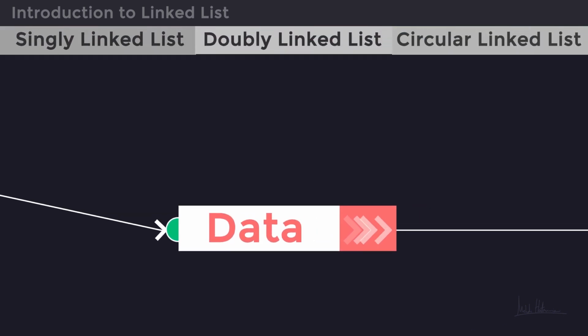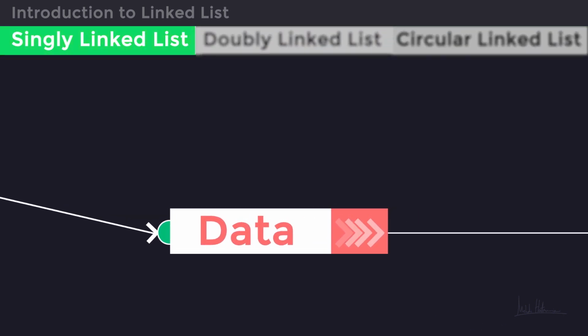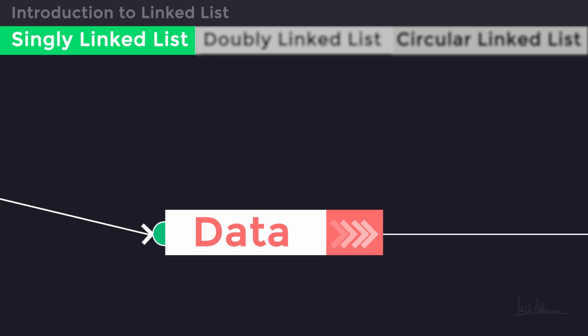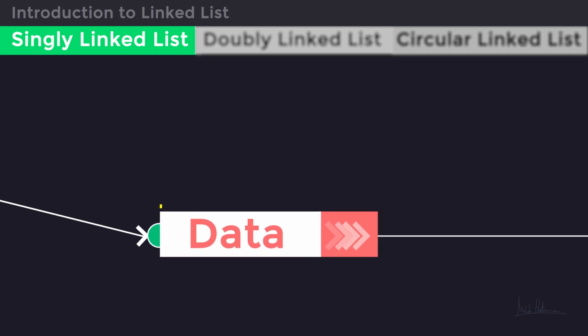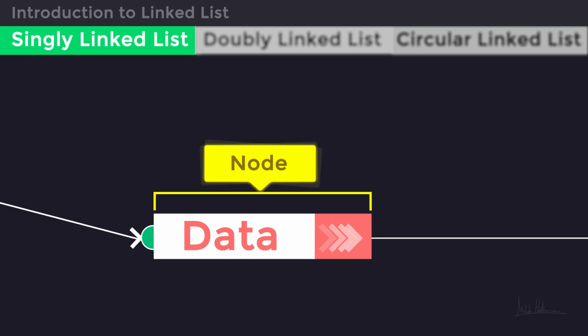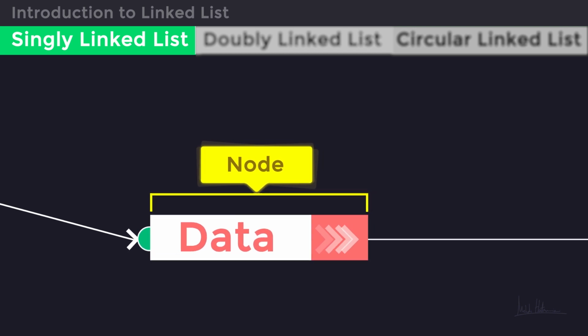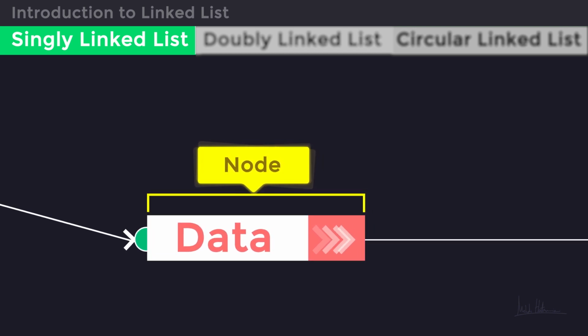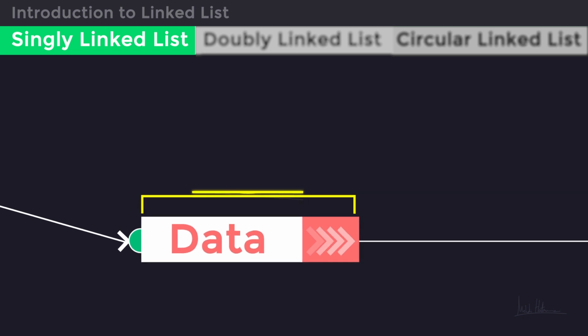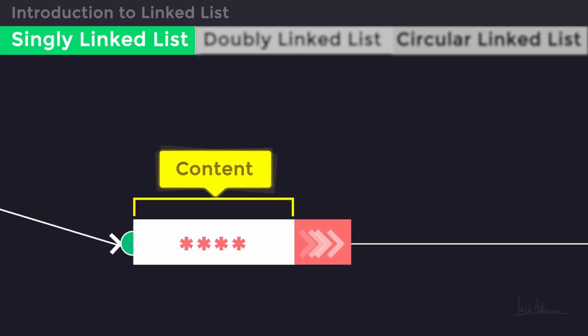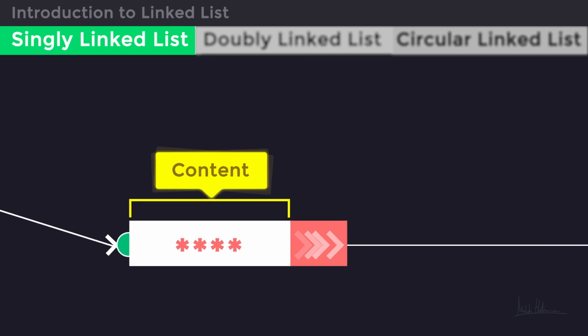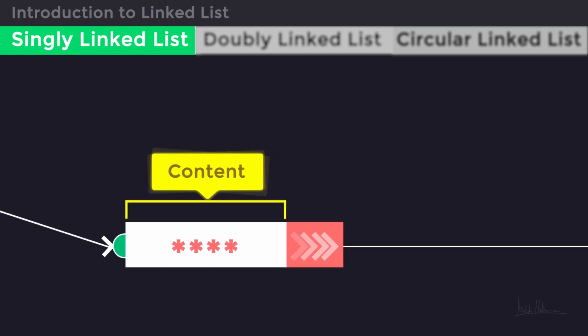The simplest and the most common type of linked list is called singly linked list, in which each node has data and a pointer to the next node. As is observed, this is the node, and this part is content to hold the data. In fact, it contains the actual data.